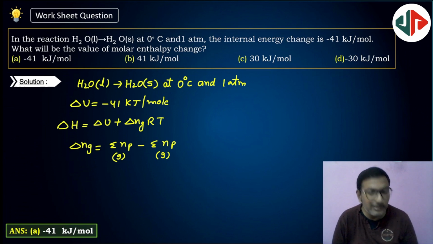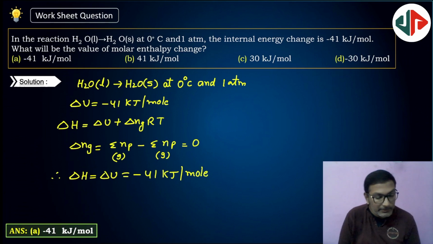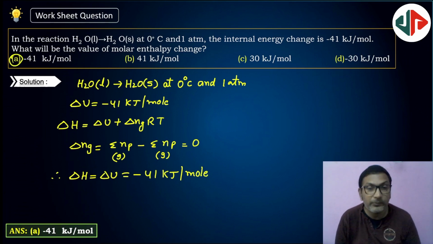Here gases are not present in given equilibrium. Liquid and solid is present. Therefore delta Ng is 0. Therefore delta H equal to delta U, which is given as minus 41 kilojoules per mole. So option A.